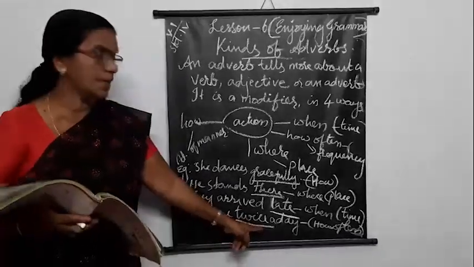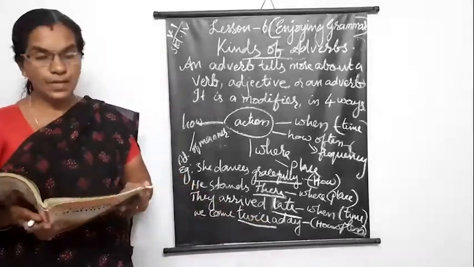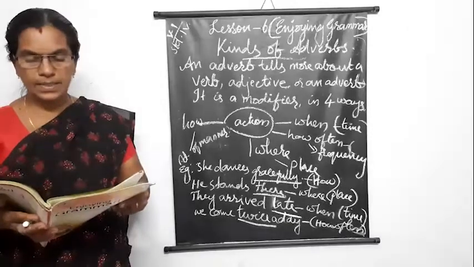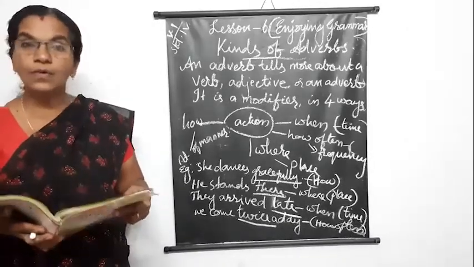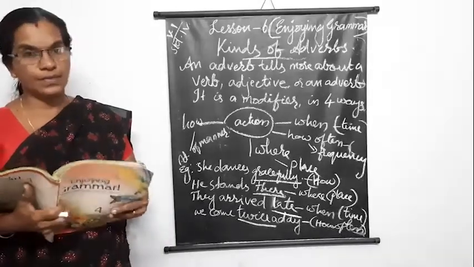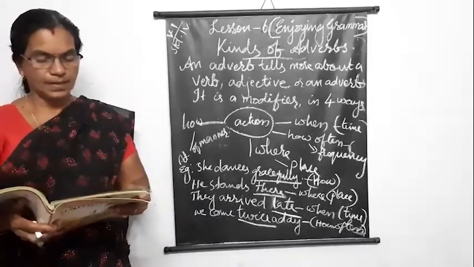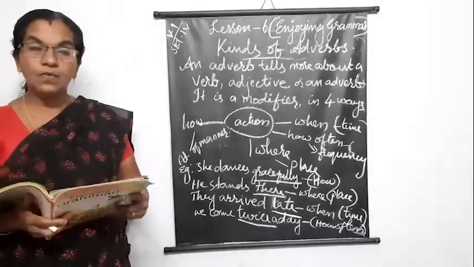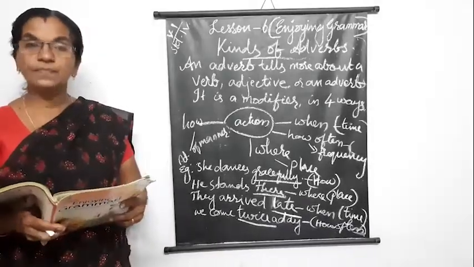Adverbs of frequency tell us how often the action happens or how often the action will happen. They answer the question how often. Sheena goes for a walk every day. How often does she go for a walk?